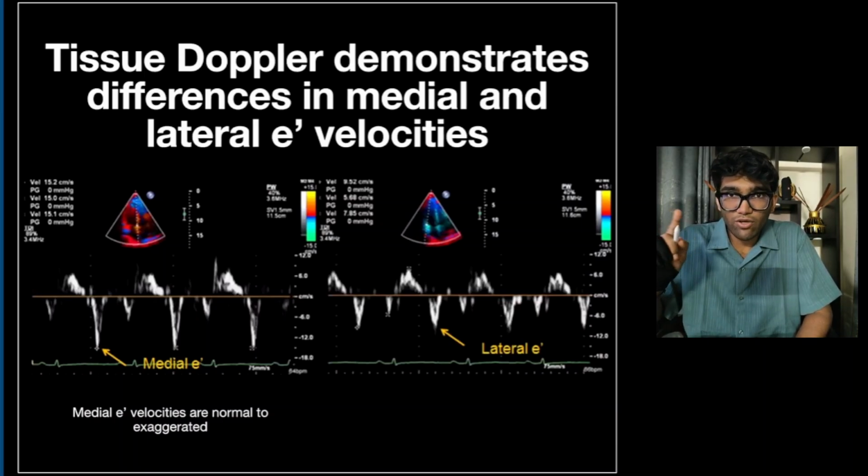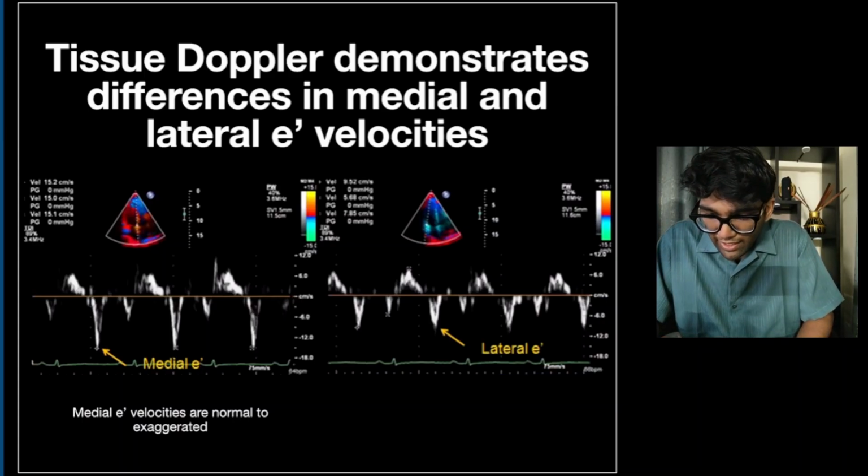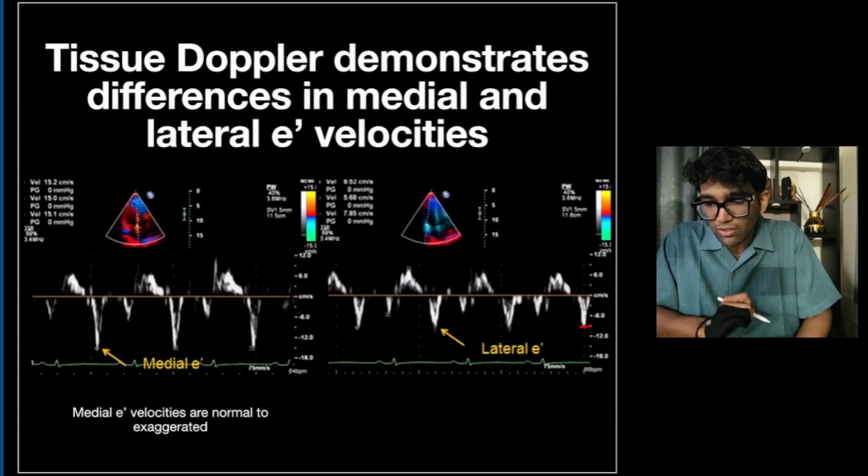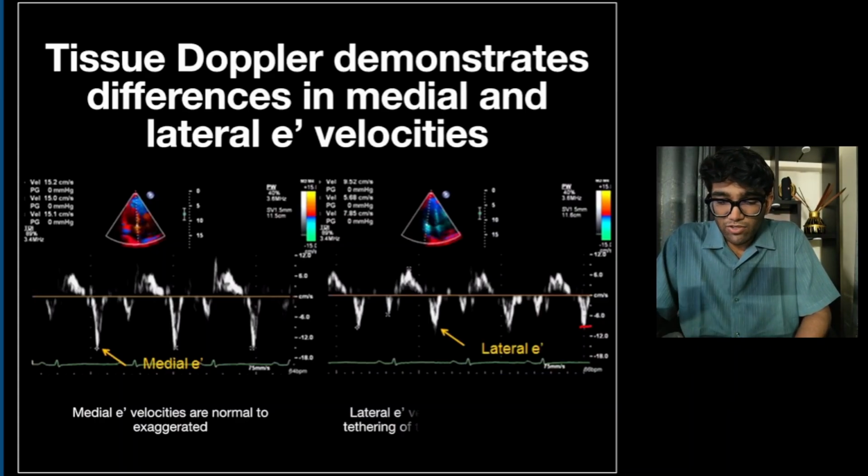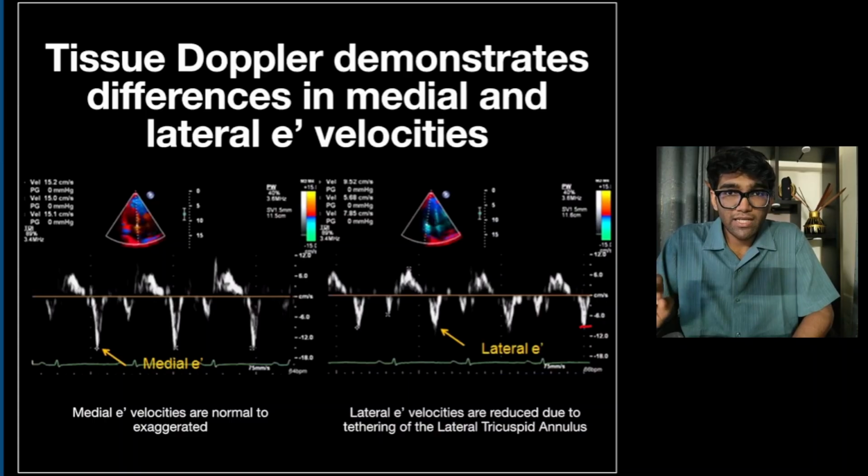Now, if you recall, it was the lateral E prime velocity that was typically larger. The normal value was an E prime velocity of more than or equal to 11. This patient has an E prime velocity of around 8. So the lateral E prime velocity is decreased, but the medial E prime velocity is normal.